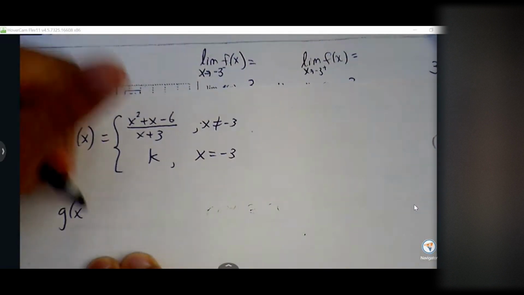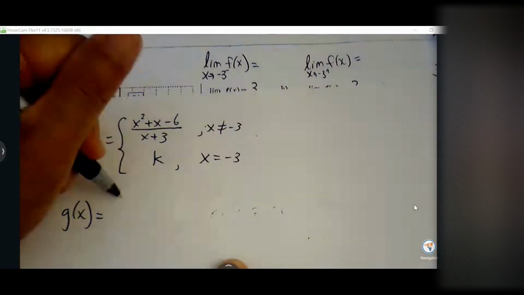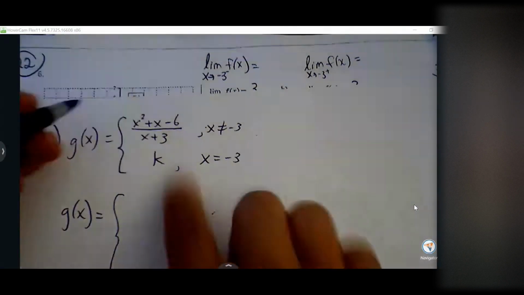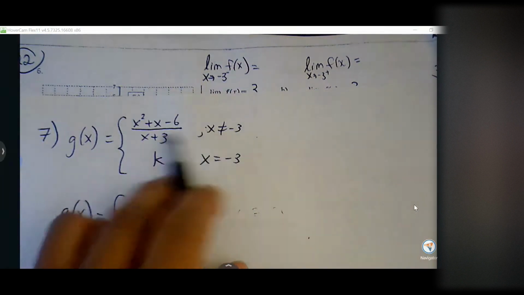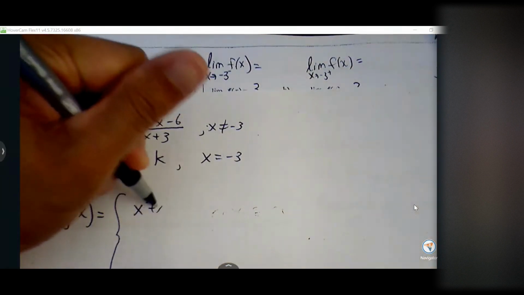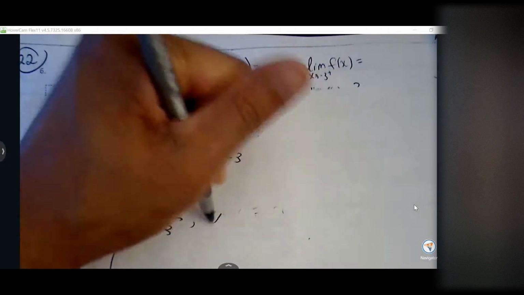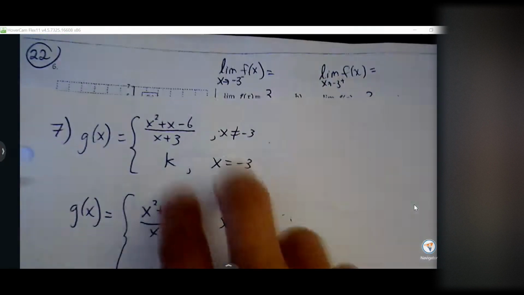So I'm going to rewrite this first condition like this, because if it exists everywhere except -3, then this function is going to exist to the left of -3.